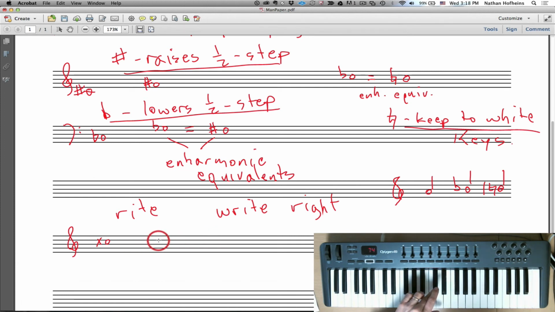So C, C sharp, that's 1/2 step, 2 1/2 steps, and the enharmonic equivalent would be a D natural, right? So an X raises 2 1/2 steps.